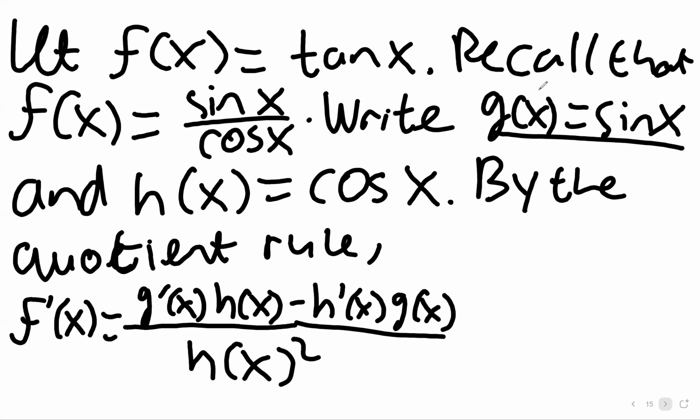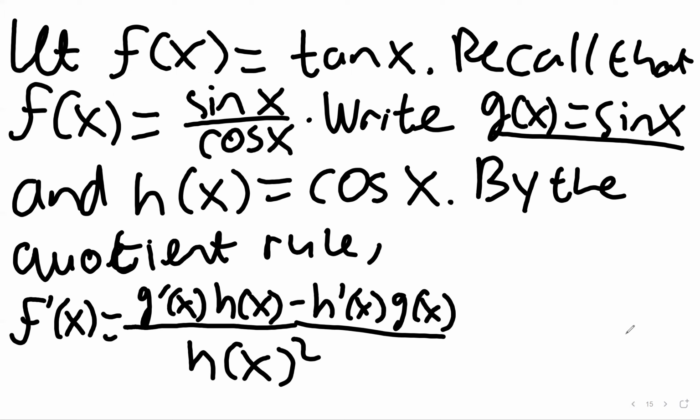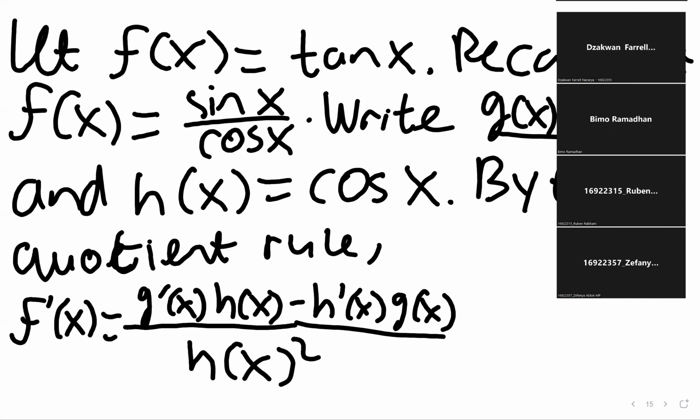So we'll write cosine of x squared minus h prime of x times g of x. Okay, then Bimo Ramadan.